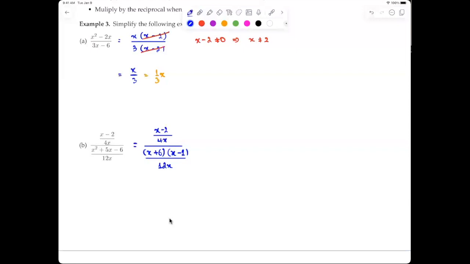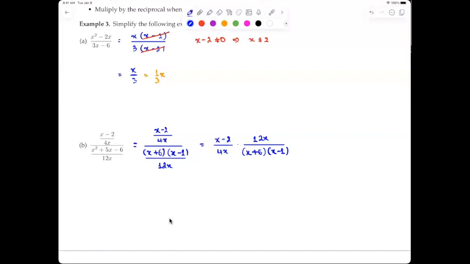Now you multiply by the reciprocal. Impose some conditions here. So x has to be different from 0. Okay.